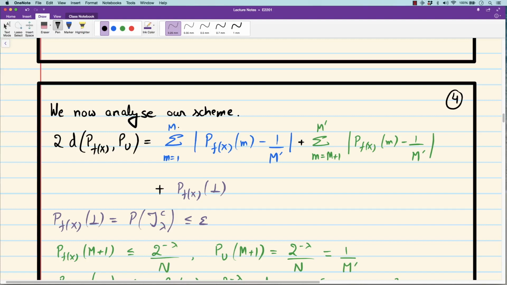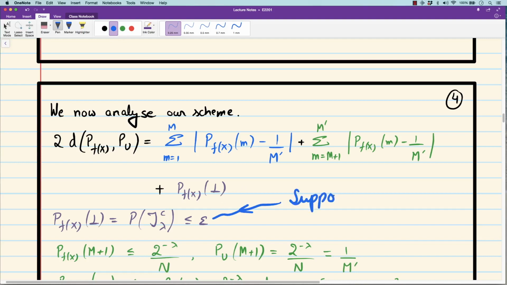Look at symbols between 1 and m. What is the probability of each of these symbols? Under f(X), that probability is P_f(X) of i, which we'll evaluate, minus 1 by m prime. All probabilities are 1 by m prime under uniform. Then look at this part from m plus 1 to m prime. This is the probability of those parts. Uniform terms go here. The symbol bot doesn't appear under the uniform distribution. So this part is the last contribution, just the probability of bot. So suppose, this is an assumption here for this part.